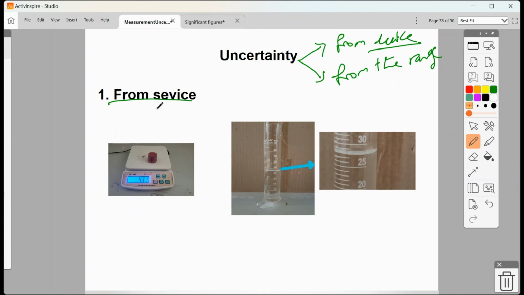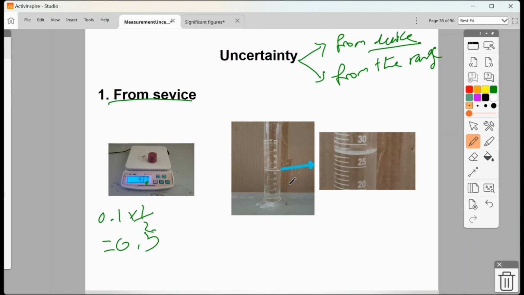We look at the least division, or the smallest scale, that the device can measure. Here the device can measure, you look here, up to 0.1. So the uncertainty will be half of this, 0.1 times half, or divide by 2. So the uncertainty is 0.5.